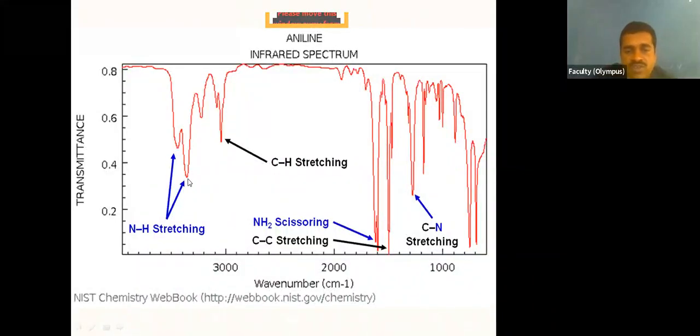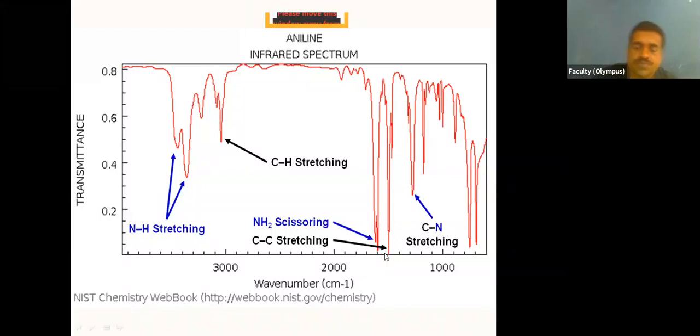At this, absorbance is more and transmittance is less. Instead of showing absorbance, we show transmittance on the y-axis. So these are the bands. This is called sharp, with more absorbance and less, nearly 0%, transmittance. So this is the principle of infrared.